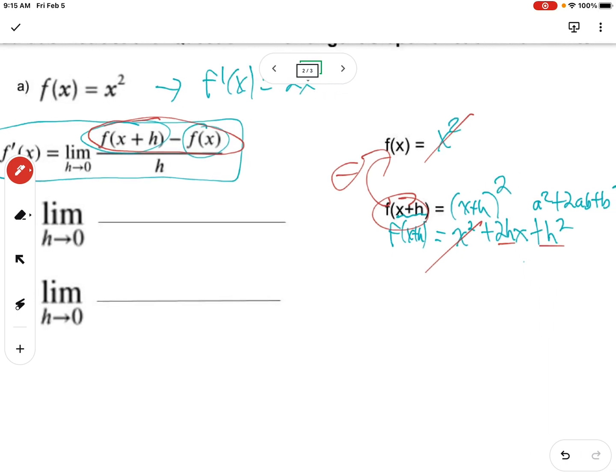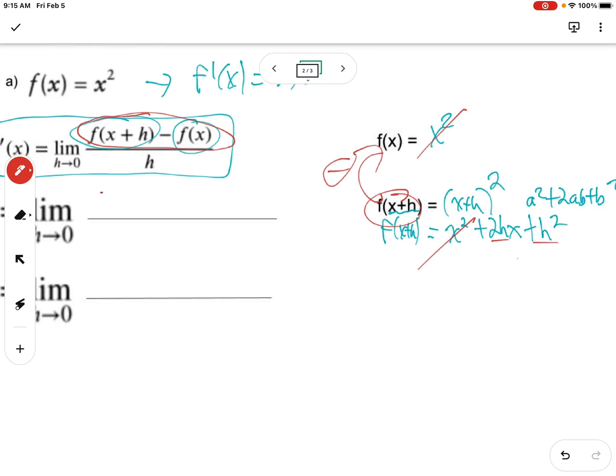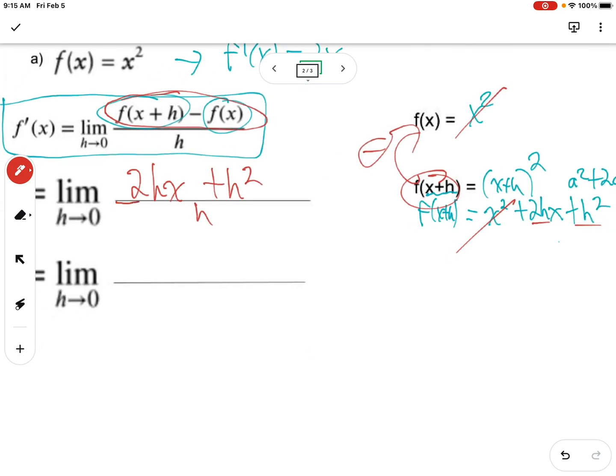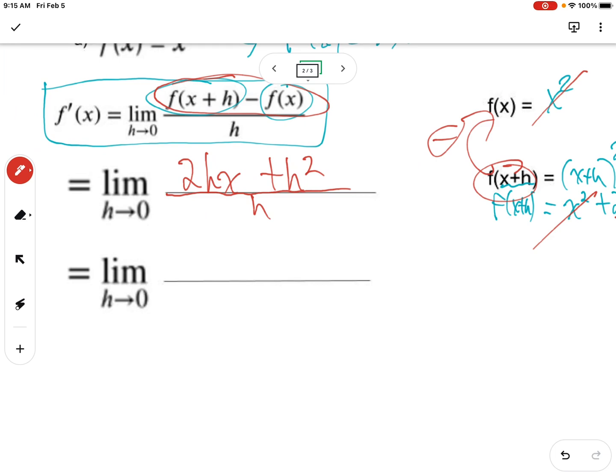So I can go to the next line and I can actually write that. 2xh plus h squared, all divided by h. But the thing is, I can actually break that down into two separate fractions. I can write that as 2xh over h plus h squared over h.